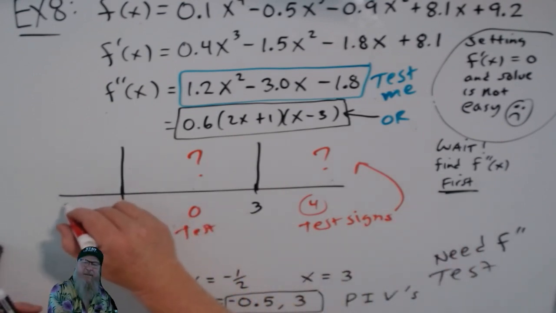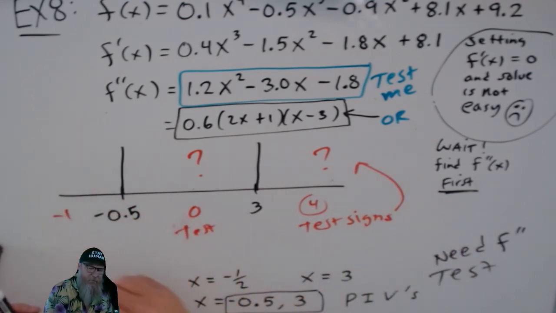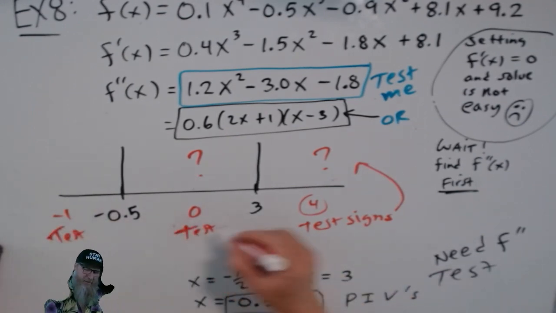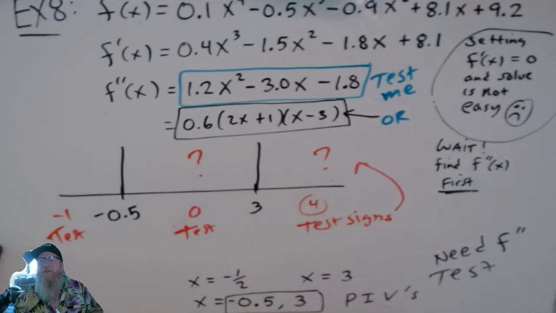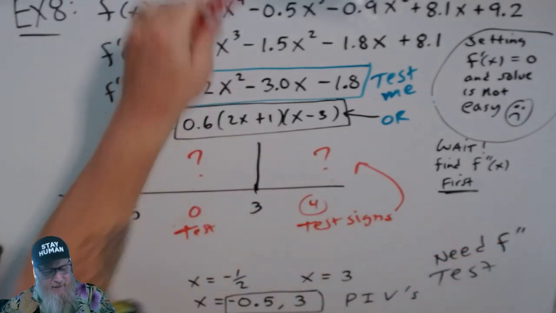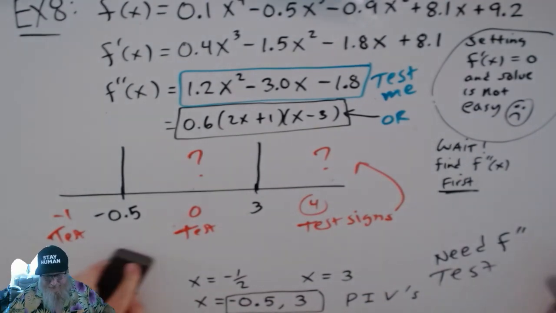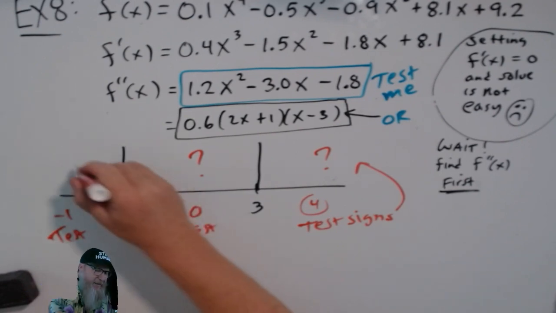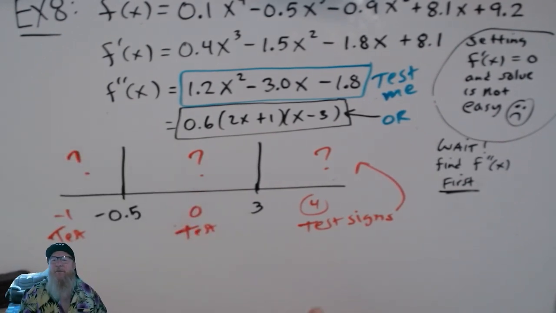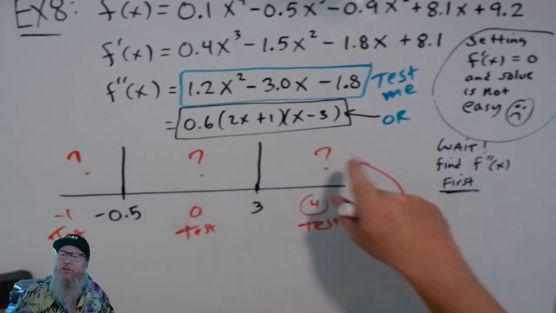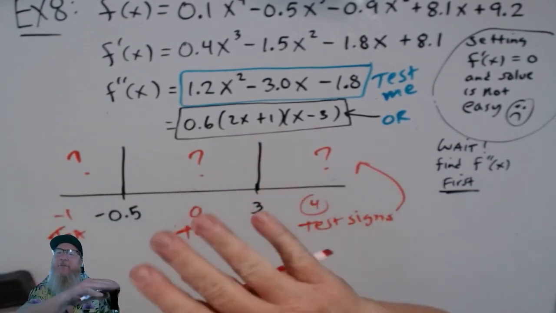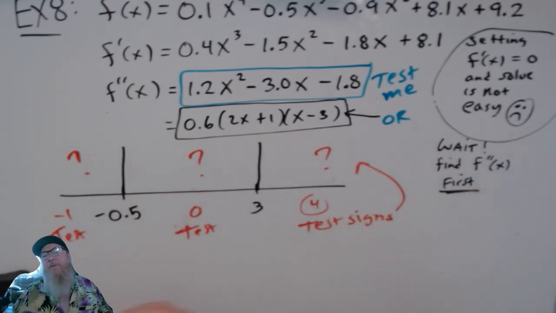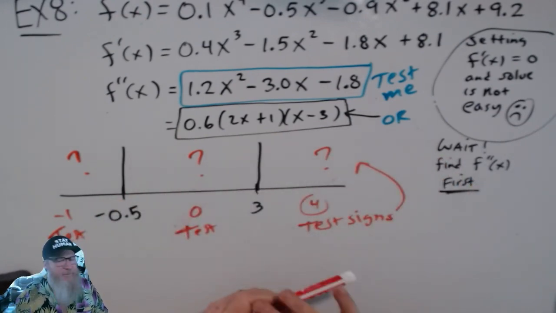And then I'm going to pick a number that's less than negative 1/2, so negative 1. We sometimes call these t values. If you just want to write the letter T underneath them, that can be very helpful. Remember, these are PIVs. In order for them to be actual inflection values, the sign has to change: positive to negative, or negative to positive. If it stays the same sign, then it was not an inflection.